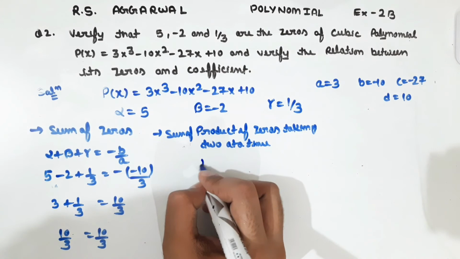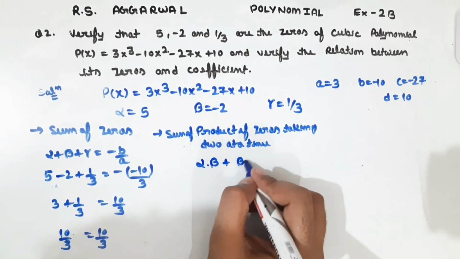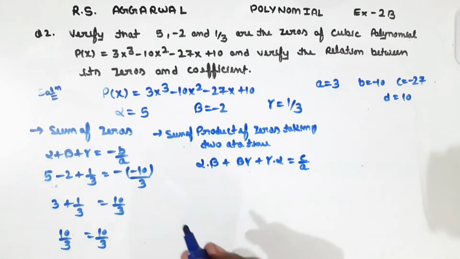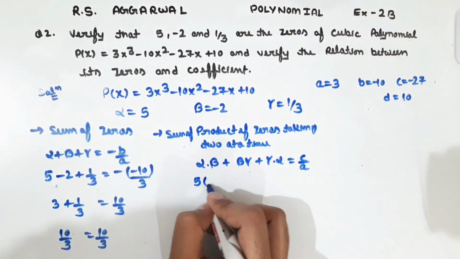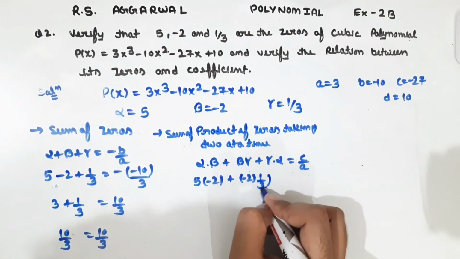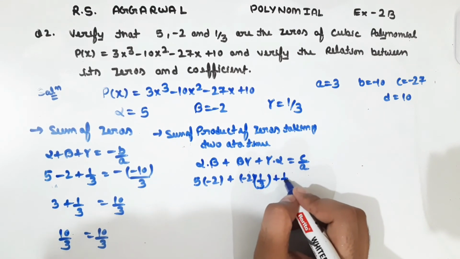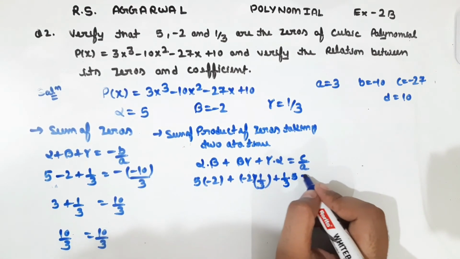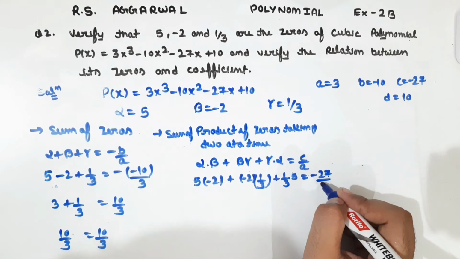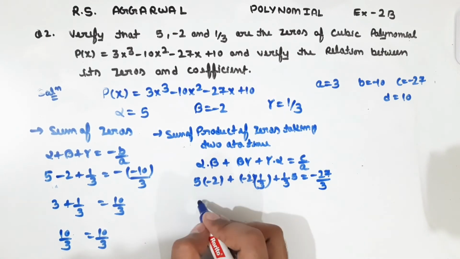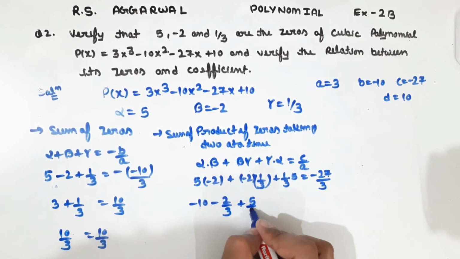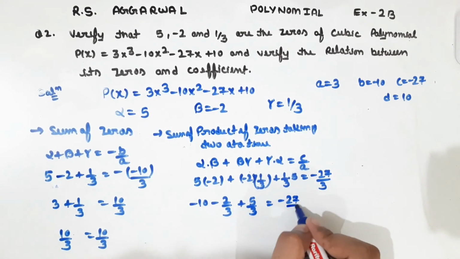So that will be given by alpha into beta plus beta into gamma plus gamma into alpha equals C upon A. So our alpha is 5, beta is minus 2, plus beta minus 2 into gamma 1 upon 3, plus 1 upon 3 into alpha 5 equals C upon A. So C is minus 27 and A is 3. 5 into minus 2 will be minus 10, minus 2 upon 3 plus 5 upon 3 will be equal to minus 27 upon 3.